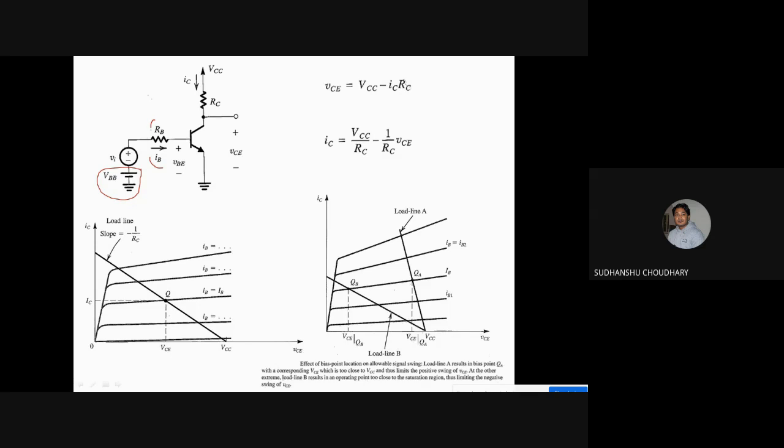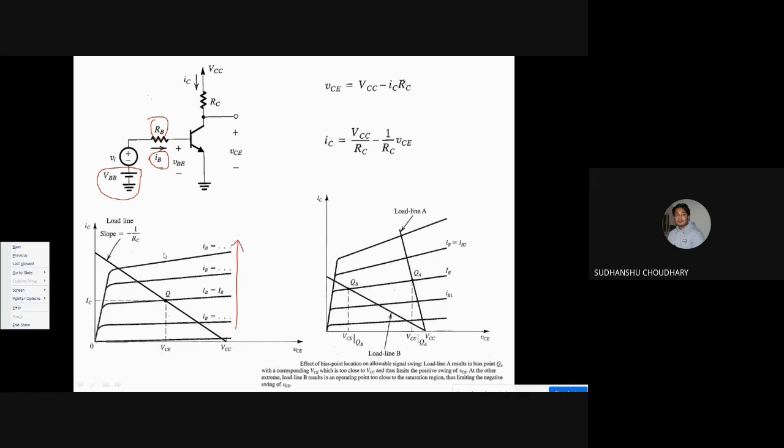In fact, RB and VBB, both these things, that is resistance RB and VBB, are used to bias this transistor in forward active mode. So this produces some base current IB. Now if this base current increases, the collector current level also increases.